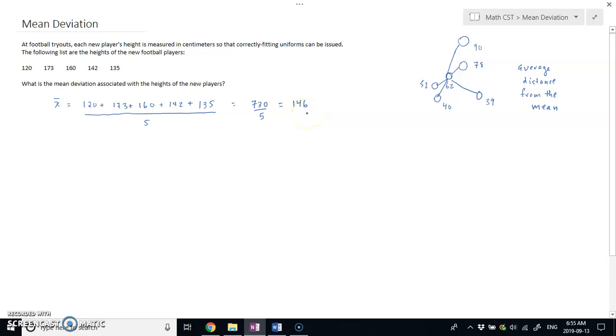Now, I'm interested in the distances from the mean. And so what I'm going to do is subtract and say, well, how far away is each number from that mean? So I'm going to go 120 minus 146. I'm just going to line all of these up.